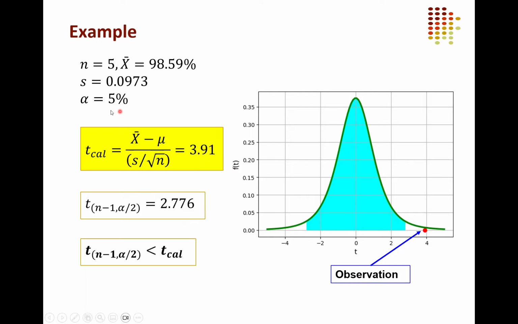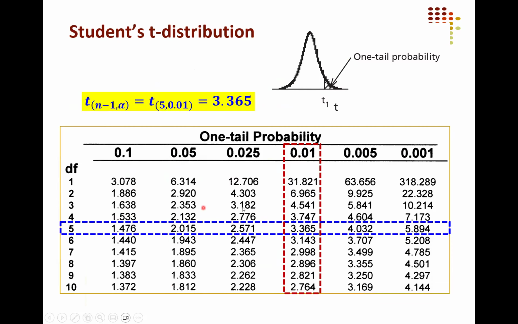However, there is one thing to be noticed. It is 5%, so we have to consider this alpha to be divided into two parts. So let's read the value at 4 degrees of freedom and alpha by 2, which is 2.5%. So the value is 2.776.